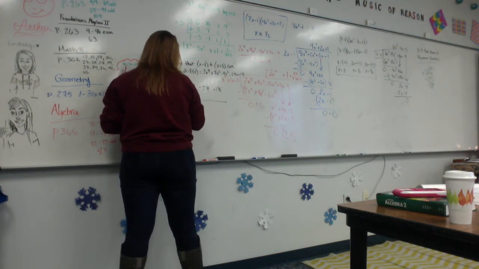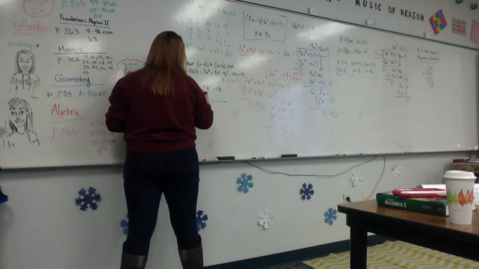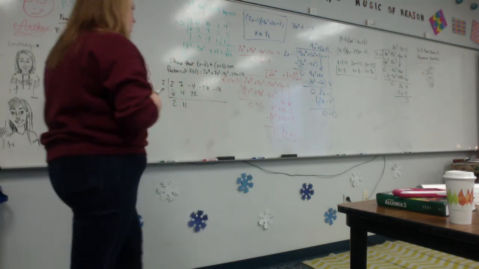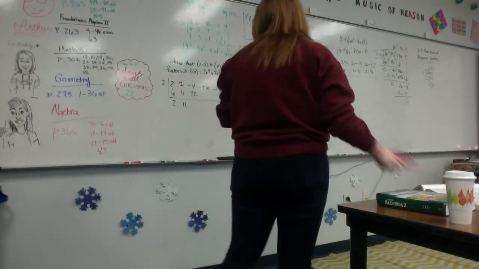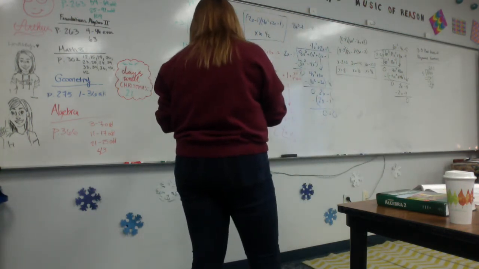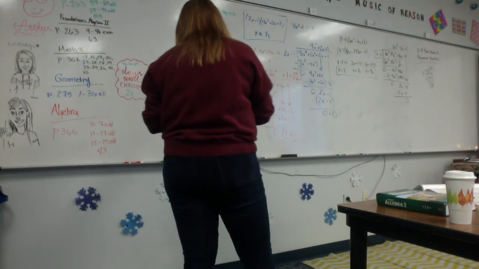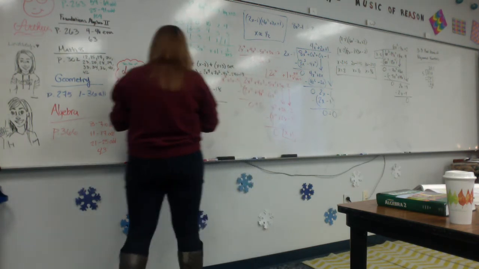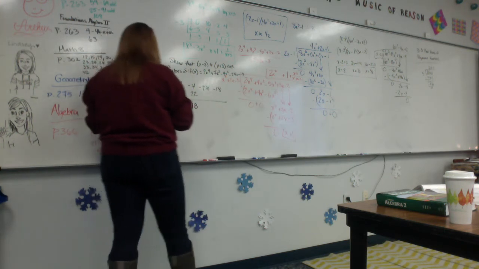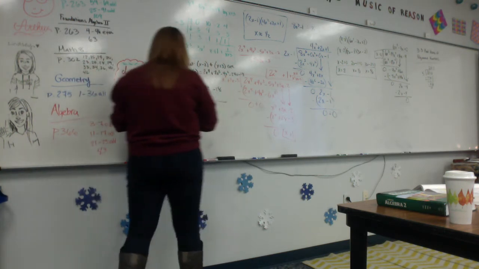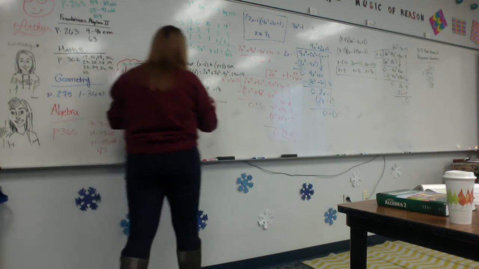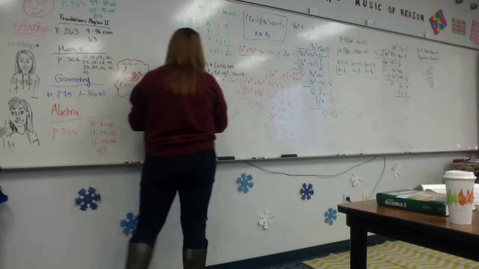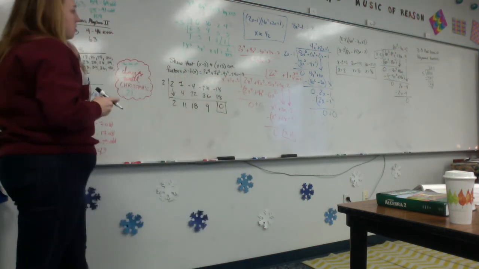This gives me 7, 8, 9, 10, 11, which gives me 22. 22 minus 4 is 18. And then 18 times 2 is 36. 36 minus 27 is 9. 9 times 2 is 18, which gives me a 0. That proves that that was a 0 of that.